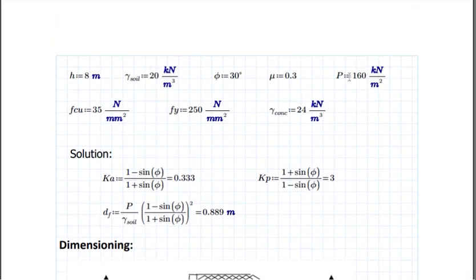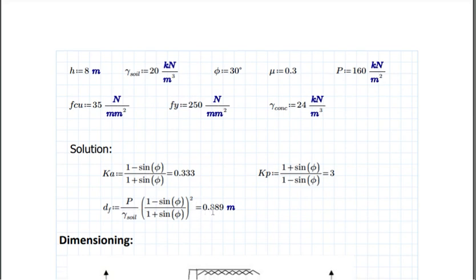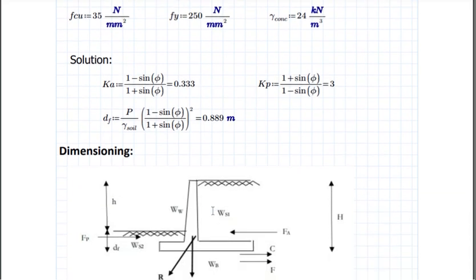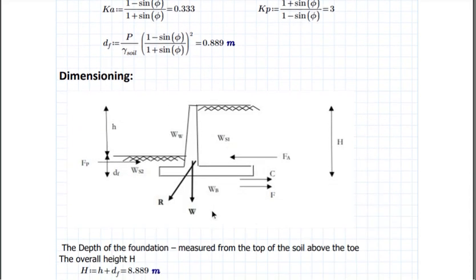And this is the formula: remember, our P is 160 kilonewton per meter square over the gamma of soil, all multiplied by, I believe, yes, the active coefficient squared. So here we are getting 0.8, say 0.9 meter. So we can continue.